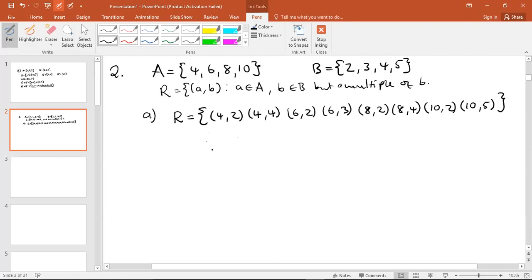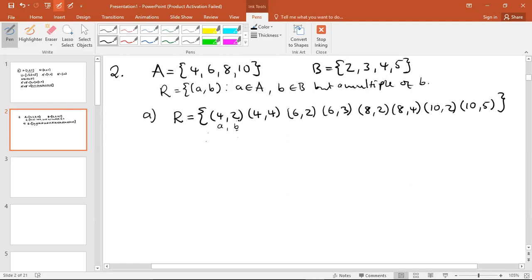So that is in roster form. So now take note, the condition is that a is supposed to be a multiple of b. So this is in form of (a, b). What we mean when we say multiple of b, they are saying if b is multiplied with some integer, it will be able to give a.